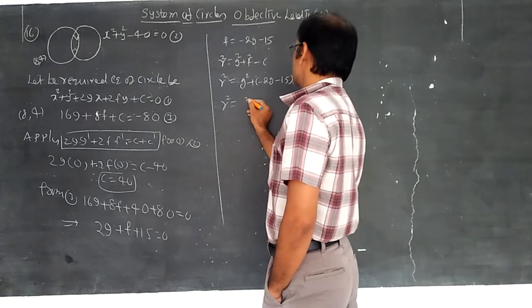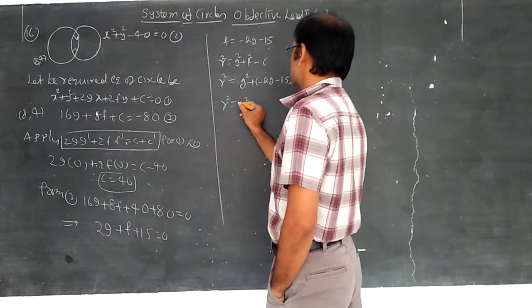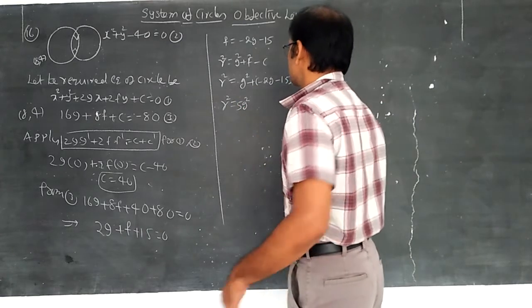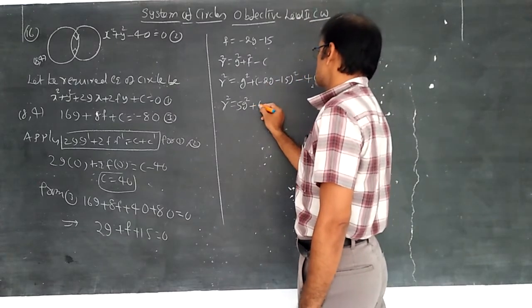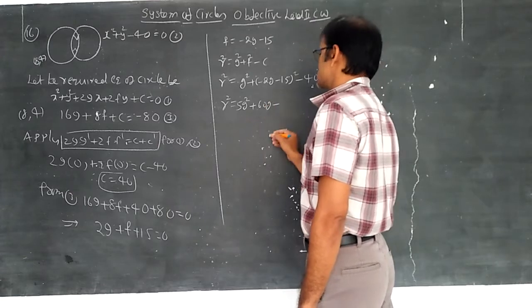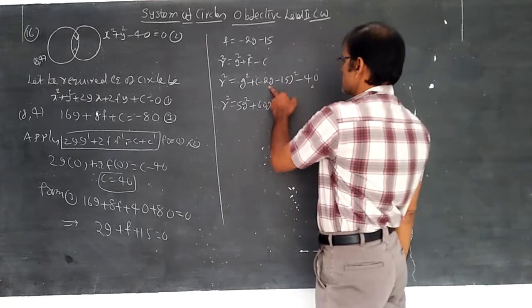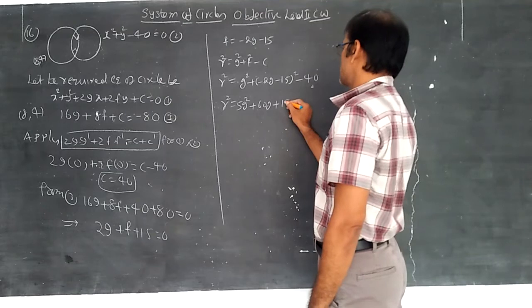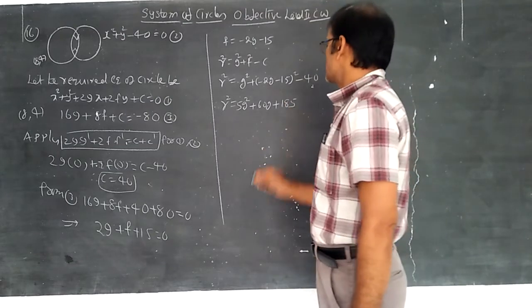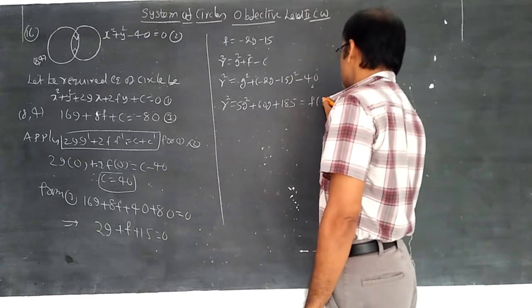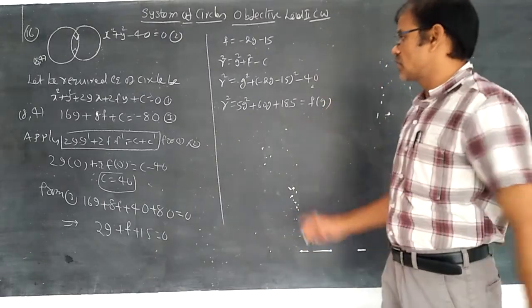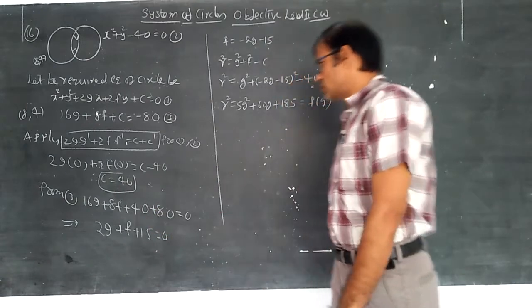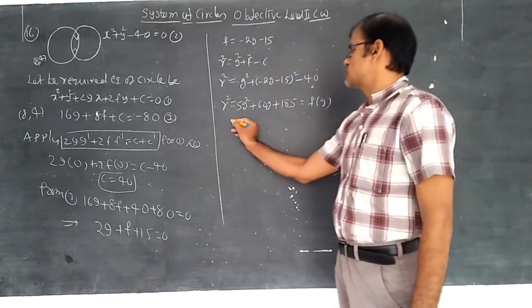So r square is equal to 4g square plus g square, 5g square, plus 60g plus 225, and 225 minus 40 becomes 185. You can understand this is a function of g, not of this f. Don't get confused. This is a function of g.